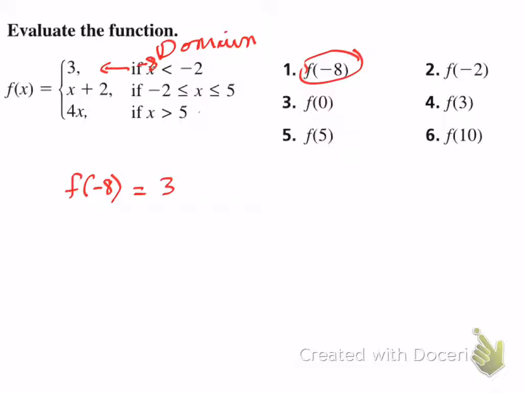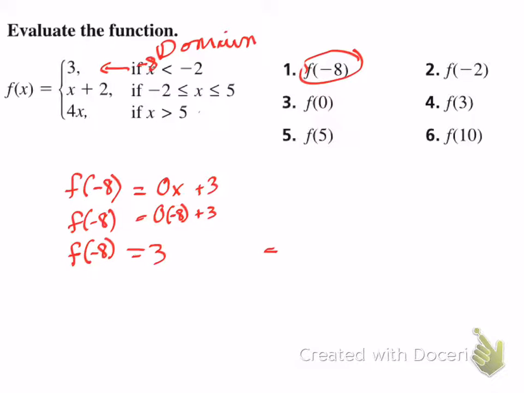No. Why did the x disappear? Nadia? The x disappeared because it has a slope of 0, so it's 0x plus 3, and so when I substitute in that negative 8, it's still going to be plus 3, and we get the f of negative 8 equals 3.